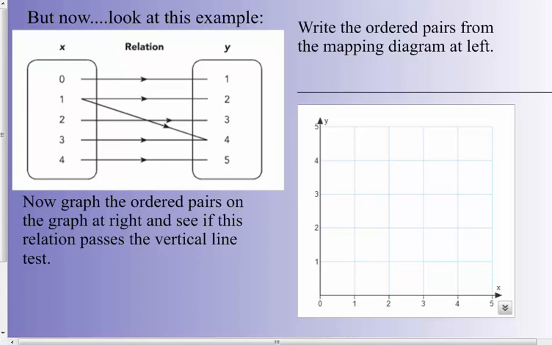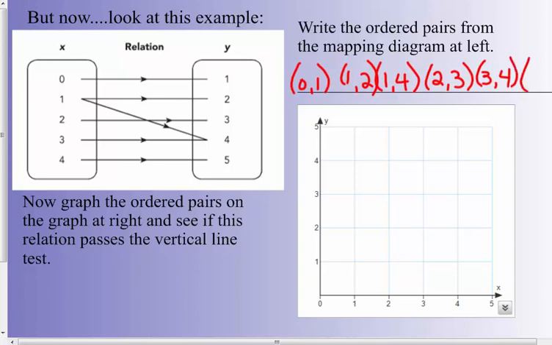So 0 maps to 1, 1 maps to both 2 and to 4. If I was to graph the ordered pairs here that are in this mapping diagram, it would be 0, 1, 1 goes to 2, whoops, 1 also goes to 4, 2 goes to 3, 3 maps to 4, and 4 maps to 5.